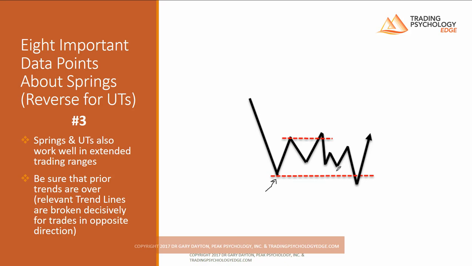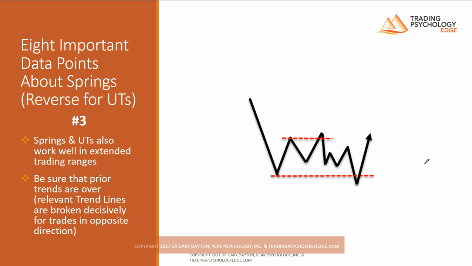It may not get all the way down to the bottom, or it may actually go through it, but you're looking to get down into this area somewhere. And the spring, you're looking for it to get up. So it may take out the last swing high or the minor swing low inside the trading range. So that changes things a little bit.